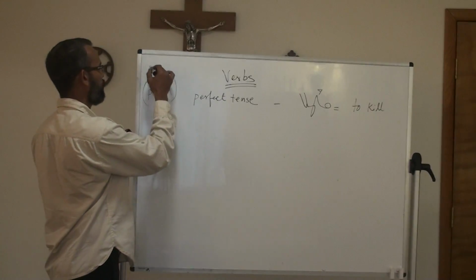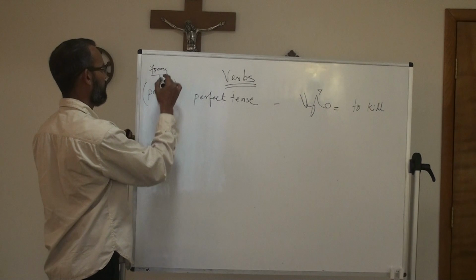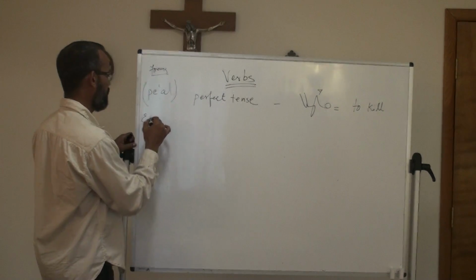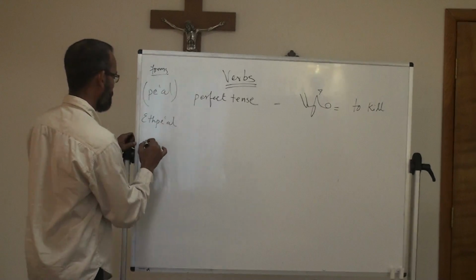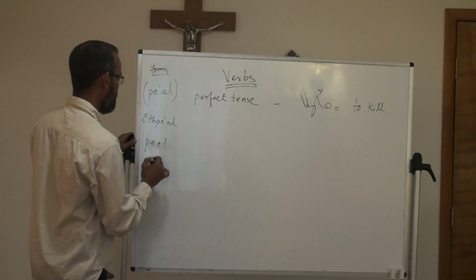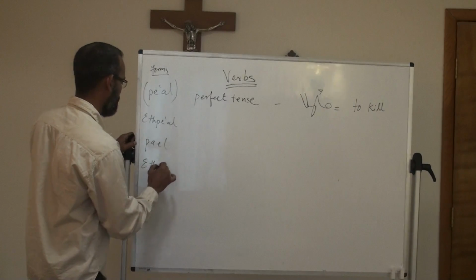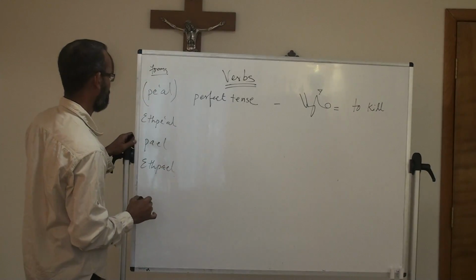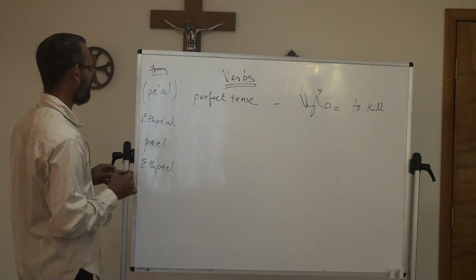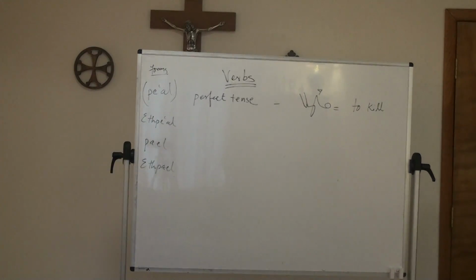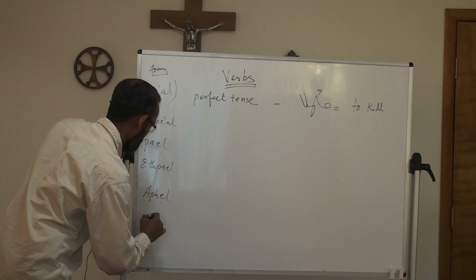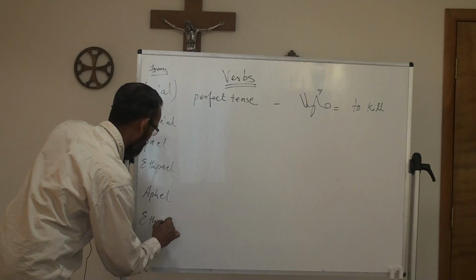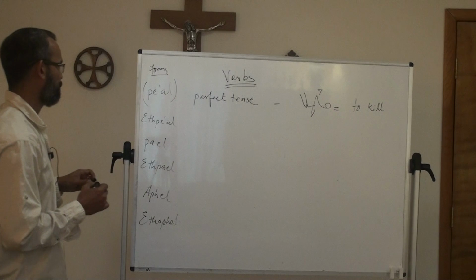There are actually 6 forms: pe'al, et pe'al, pa'el, et pa'el, then comes afel, et afel forms.